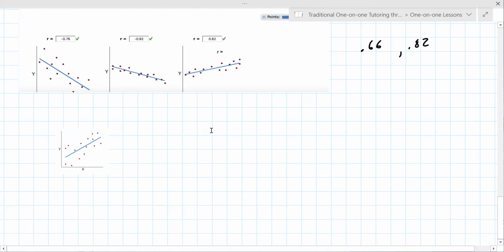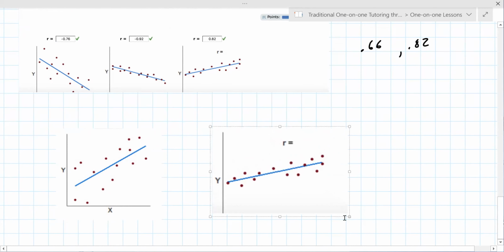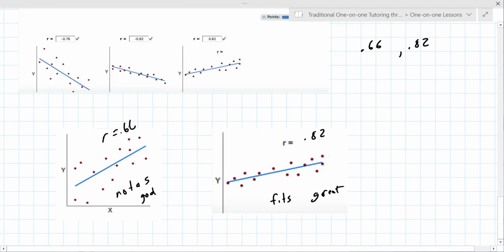The question is basically a comparison: which one has the tighter fit of the data? So it's less about the line and more about the data; there's nothing to do with the line other than up or down. This one fits really well, so that's why it's 0.82. This one's not as good, but better than others. That's why it's 0.66.